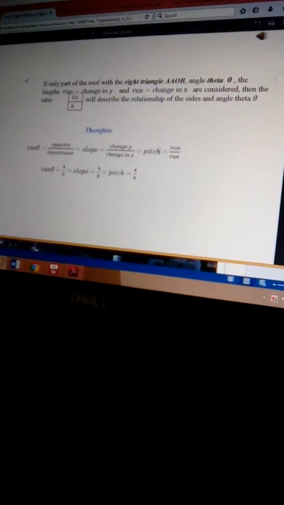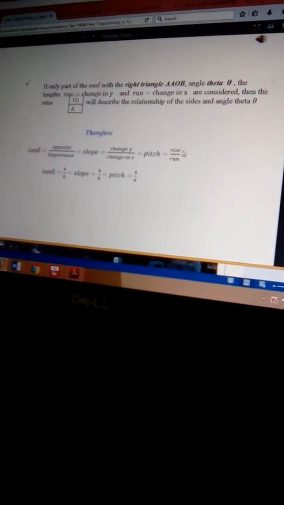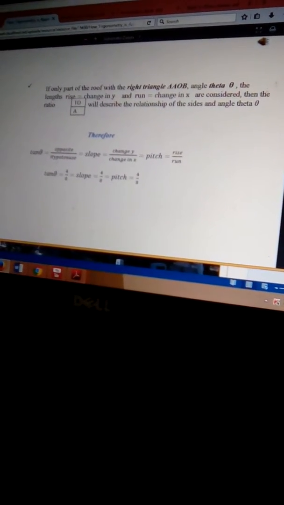Pitch is equal to rise over run, the ratio of rise to run. Rise is this portion and run is this portion.